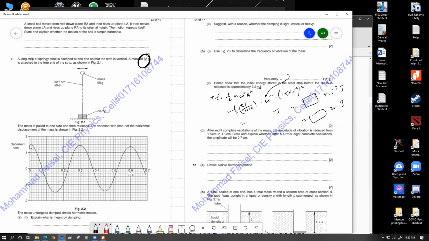Over the initial 8 oscillations, you had a reduction of amplitude of 0.4 centimeter. So will you have an equal decrease of amplitude over the next equal number of oscillations?